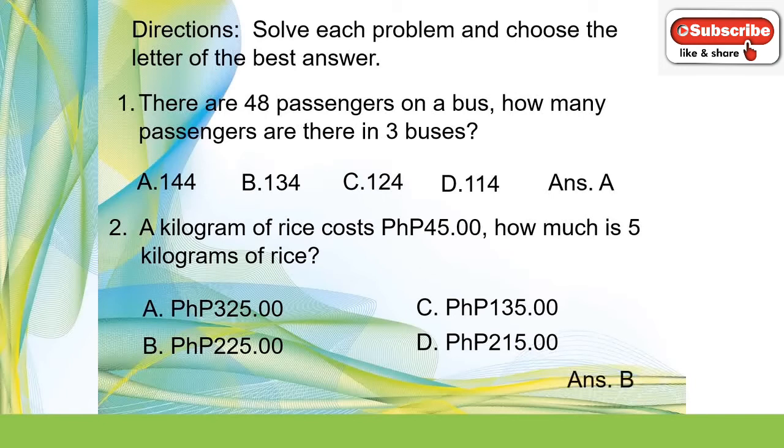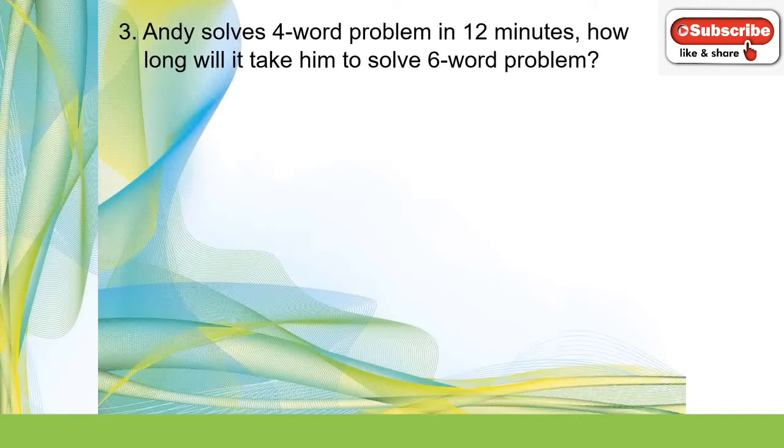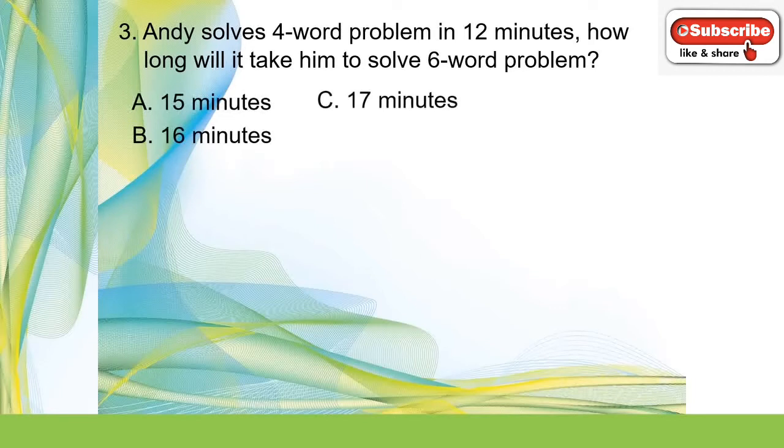The correct answer is letter B. Number 3. Andy solves 4-word problems in 12 minutes. How long will it take him to solve 6-word problems? A. 15 minutes, B. 16 minutes, C. 17 minutes, D. 18 minutes. Write your answer now. Time is up. The correct answer is letter D.